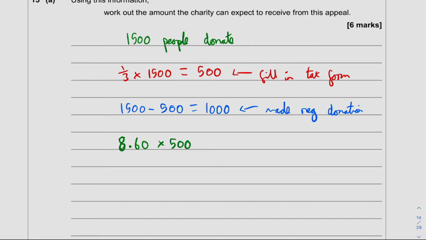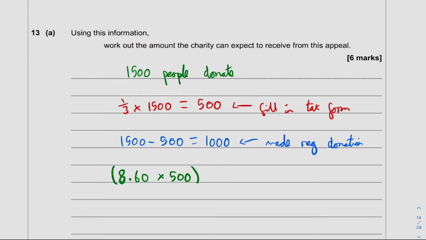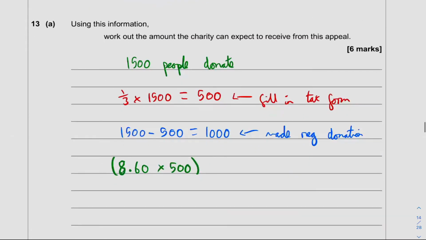Then we remember the government adds 25% to the donation, so we multiply by 1.25. So 8.6 times 500 times 1.25 is equal to £5,375.